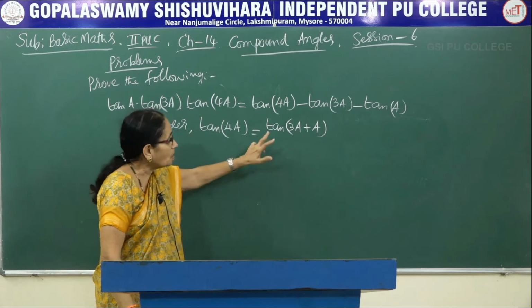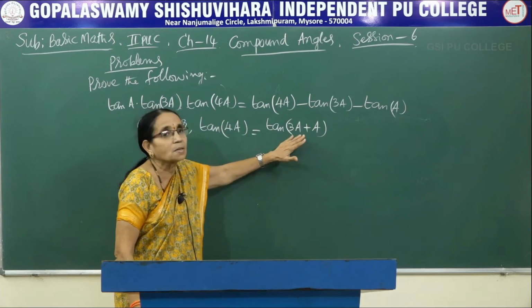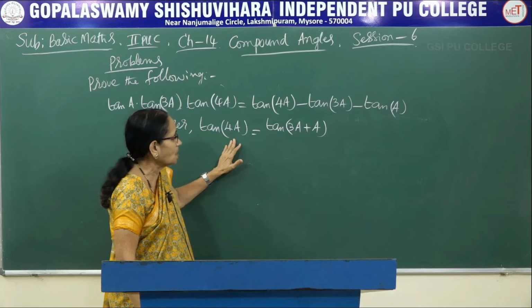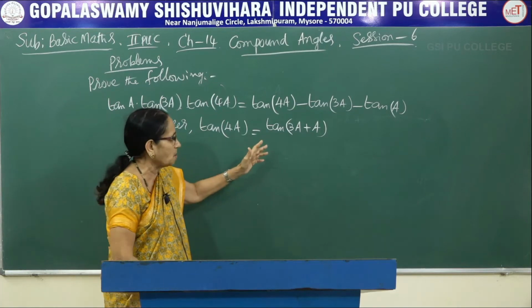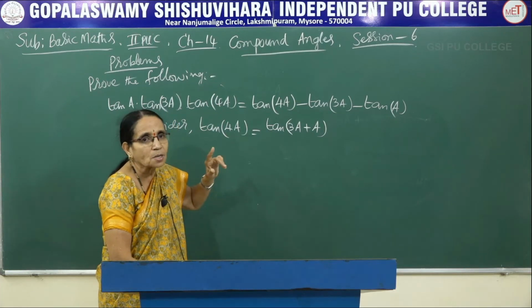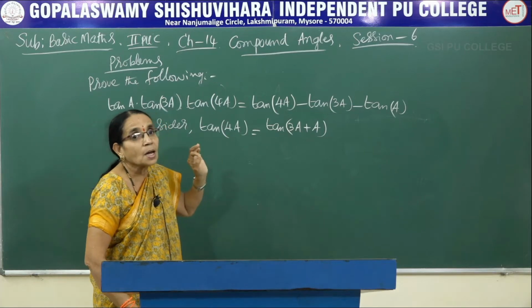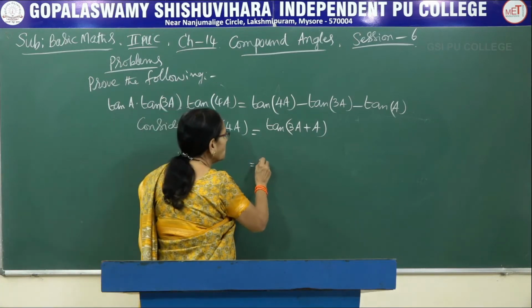Now the compound angle formula comes into the picture at this stage. It was only one angle; I have split it into two parts, a sum of two angles. So I am using the formula tan of A plus B. What is tan of A plus B?